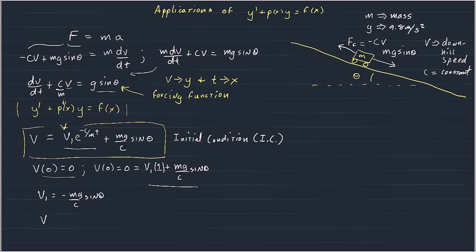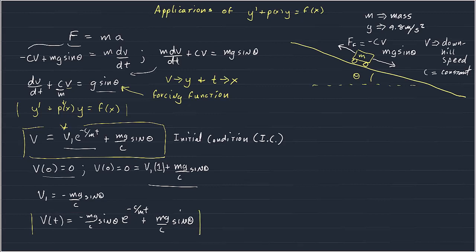And our particular solution, v of t, becomes v1, which is minus mg over c sine theta, times e to the minus c over m t, plus mg over c sine theta. So this is our particular solution for that particular initial condition.